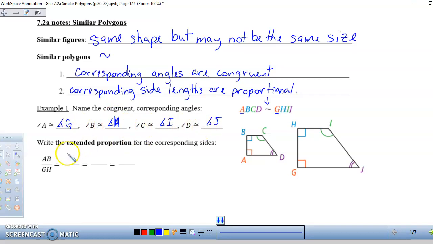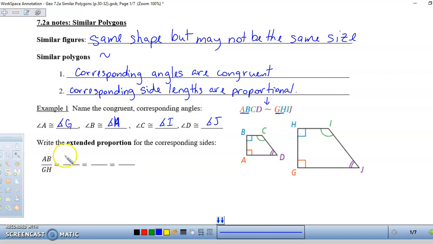Okay, the second part is this crazy big fraction equals equation thing. So this is showing that the corresponding sides are proportional. So you put them into ratios and set those ratios equal to each other. Now, same thing applies as far as the order goes. Notice that AB is right here, and that is corresponding with GH.